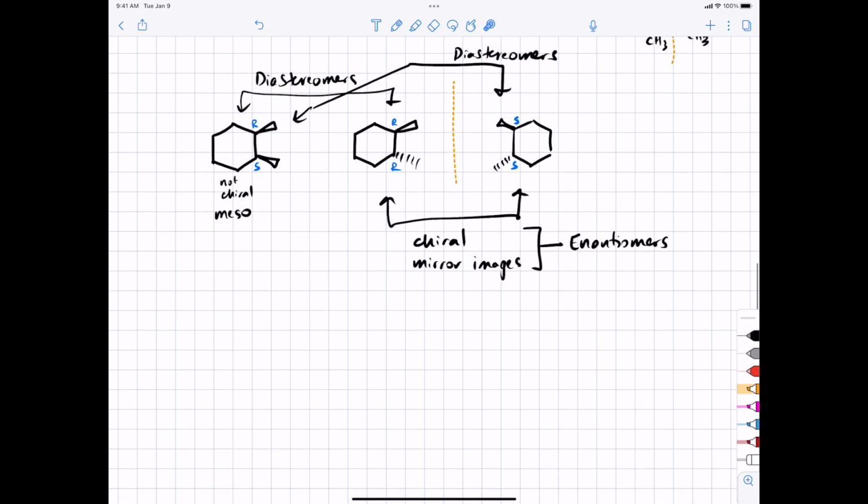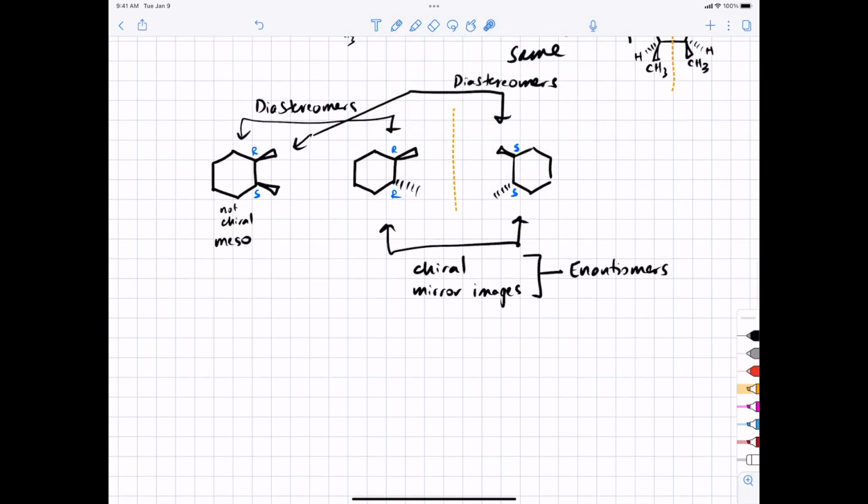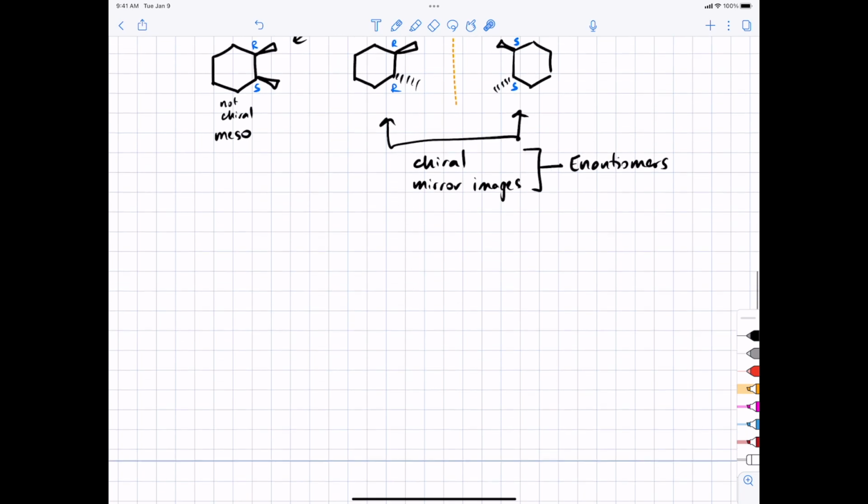Now, did you notice with diastereomers that they're different in stereochemical configuration at least one, but not all stereocenters? In a way, you can broaden your definition of diastereomers to include not only molecules that have stereocenters in themselves, but also complexes of molecules with stereocenters.